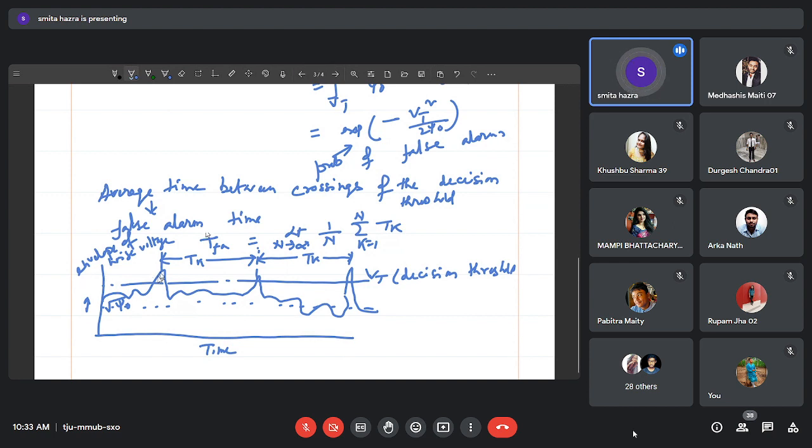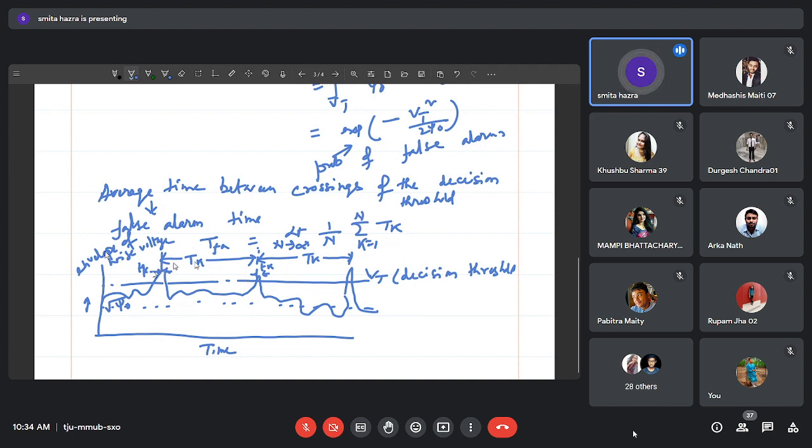Let us indicate how long this fluctuation remains above the Vt level with this small tk. Similarly, it appears again here, indicated with small tk. So two kinds of time parameters have been considered here. One is small tk, how long it is above the level of Vt. The other is the gap between the crossovers.